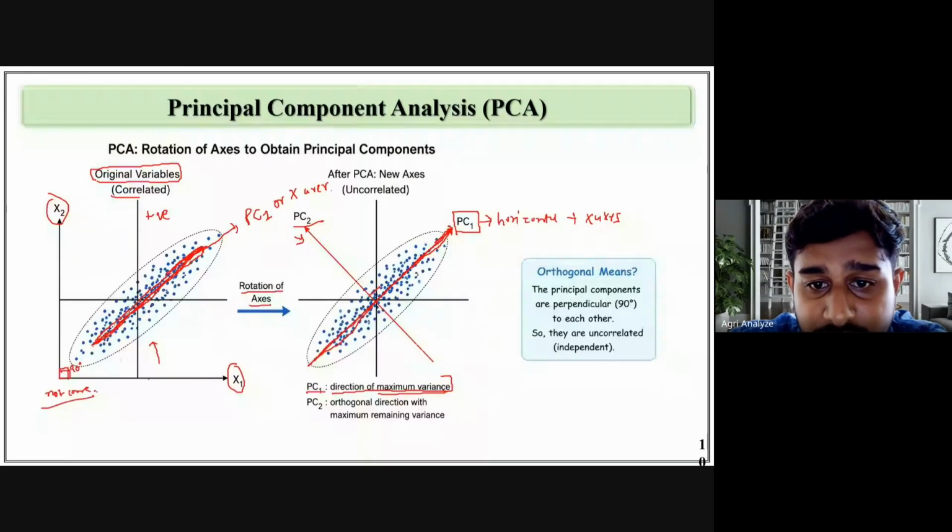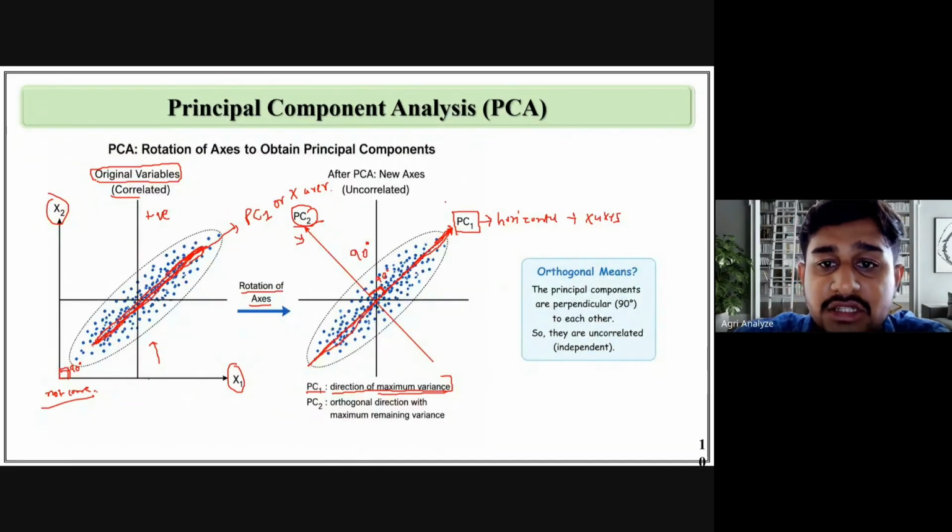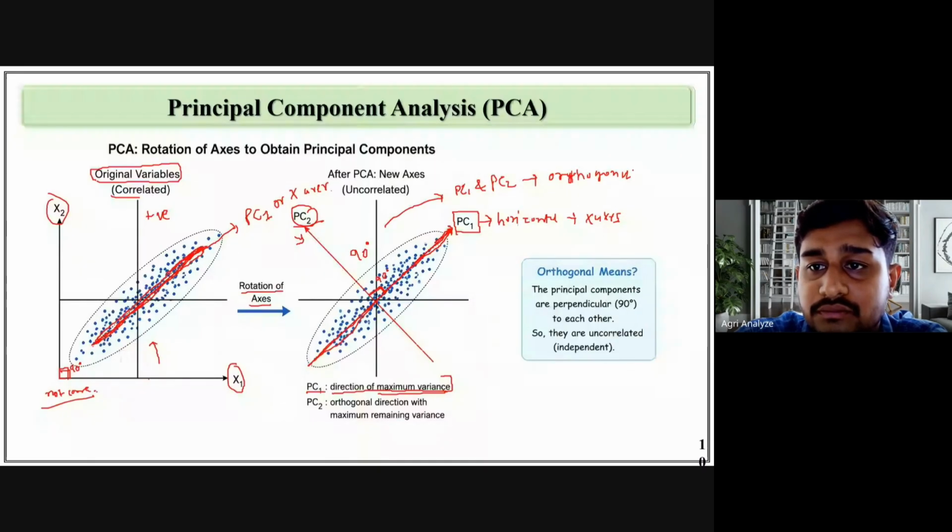So this is PC2, and this is the angle between PC1 and PC2. It is 90 degrees, which means PC1 and PC2 are orthogonal to each other.